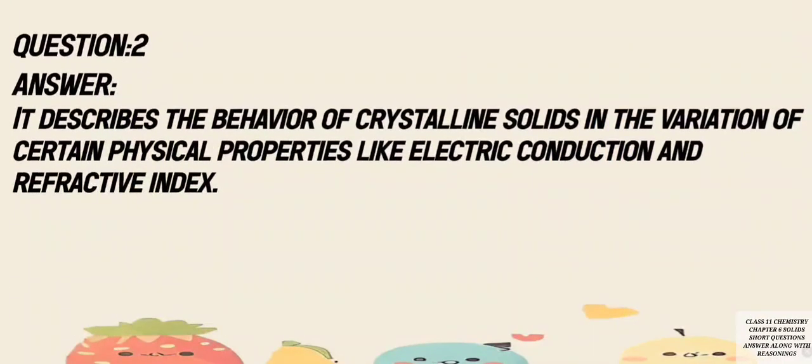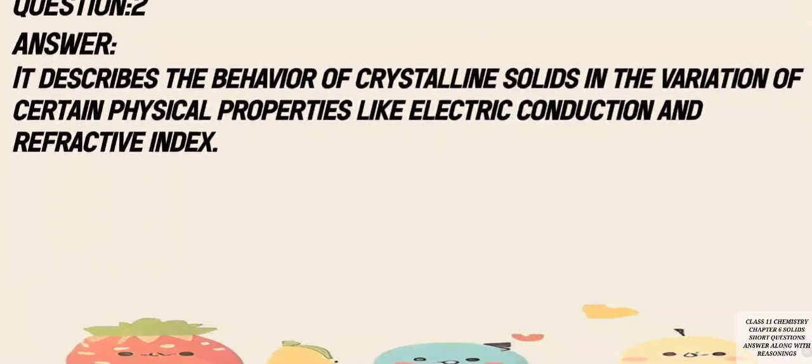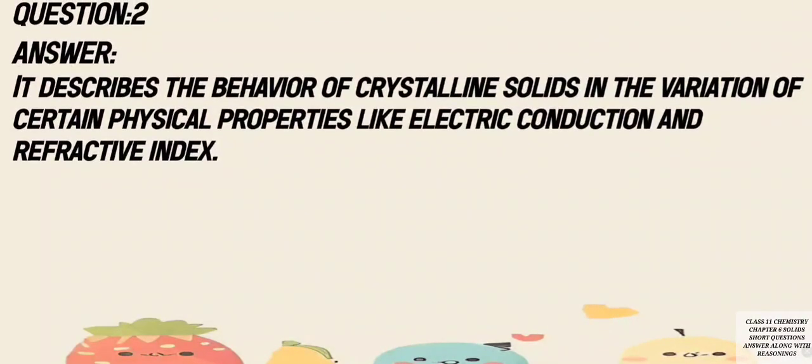Now we have question number 2, which is: define anisotropy. Which type of solids have this property? So how you will write the definition of anisotropy is that first of all you will write that anisotropy describes the behavior of crystalline solids in the variation of certain physical properties like electric conduction and refractive index.